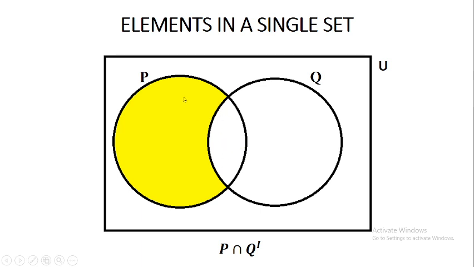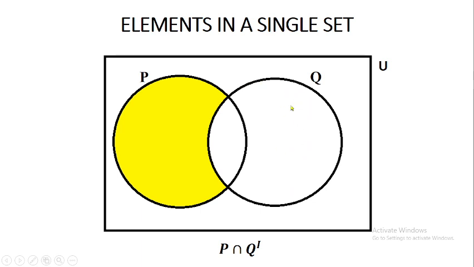Now this place that we colored yellow, what does it mean? The simple interpretation you can give to it is that it represents P only, elements in set P only. This side also here, I'm not talking about the whole circle Q, no, I'm talking about this side now.